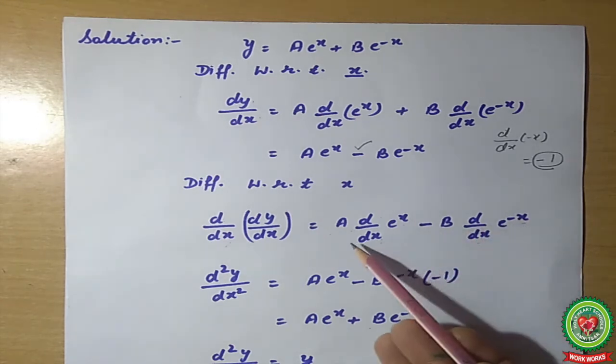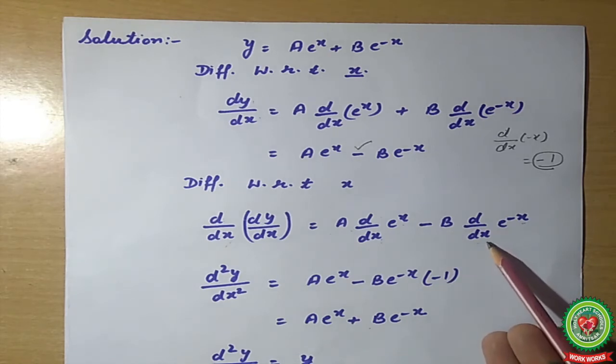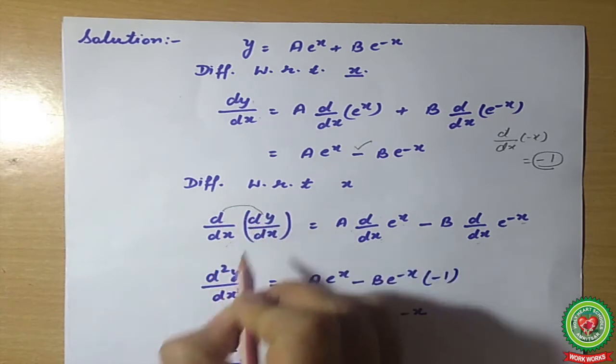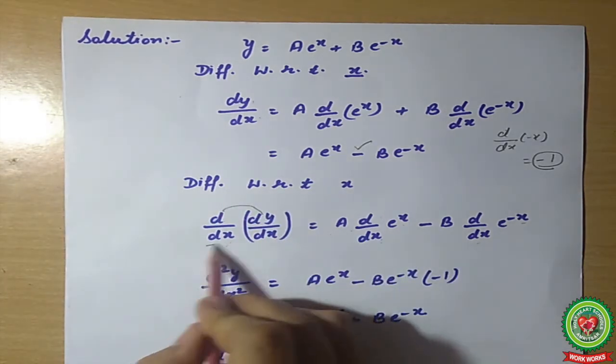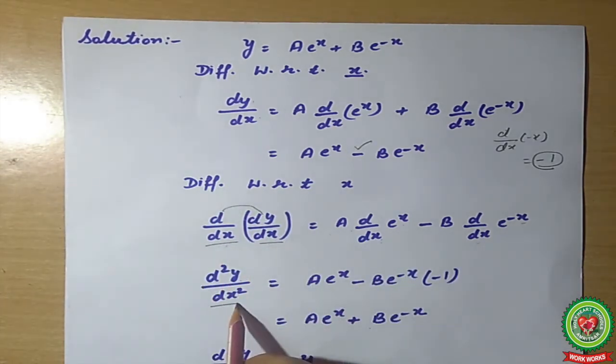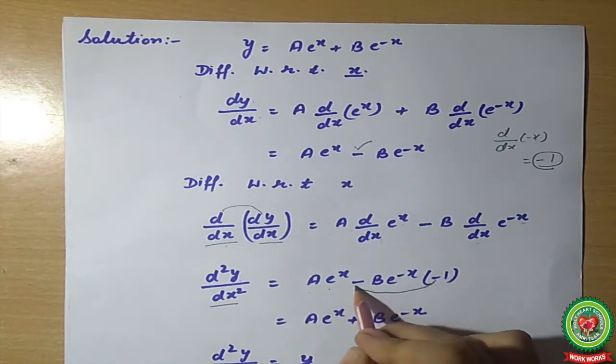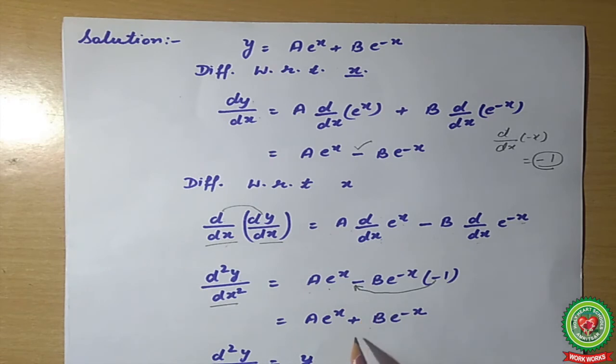When we again differentiate, we find d square y upon dx square is a e raised to power x, and this negative sign converts into positive.